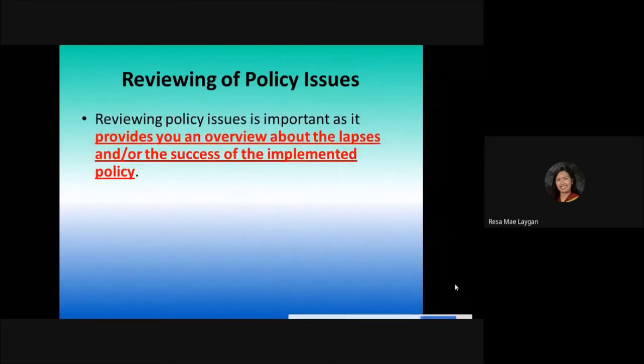So reviewing policy issues is really important as it provides you an overview about the lapses and or the success of the implemented policy.